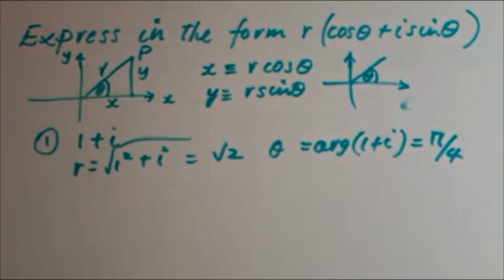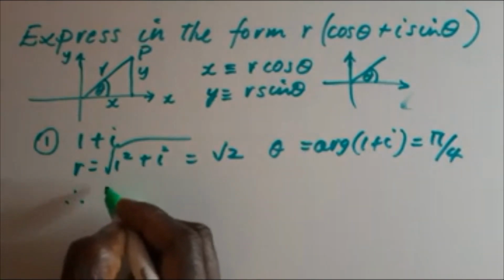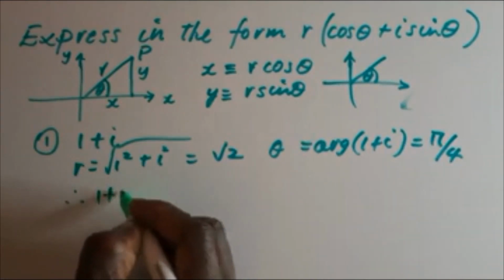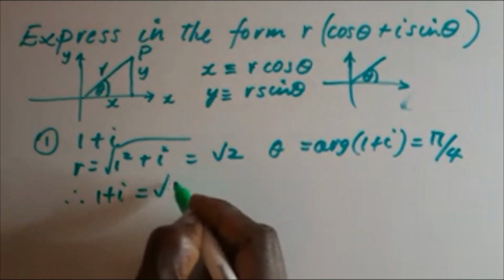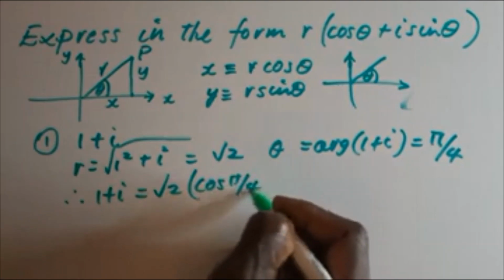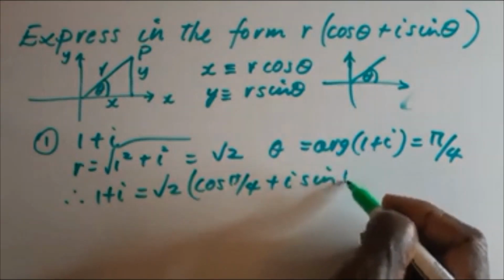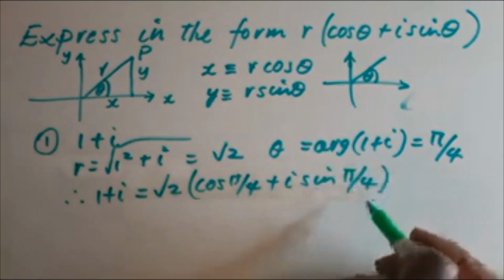Remember, the argument is also tan inverse of, in this case, y over x. So therefore we can write that 1 add i is equal to root 2 brackets cosine pi over 4 add i sine pi over 4.